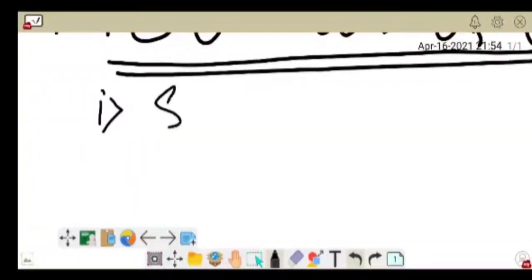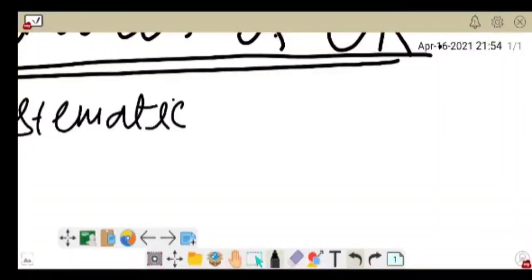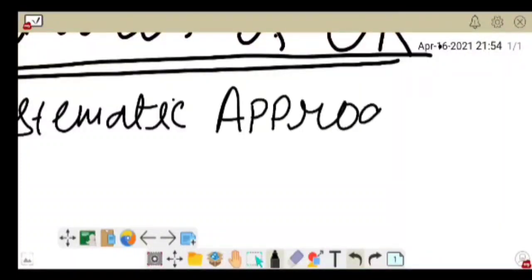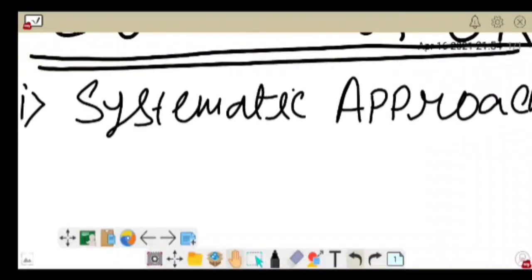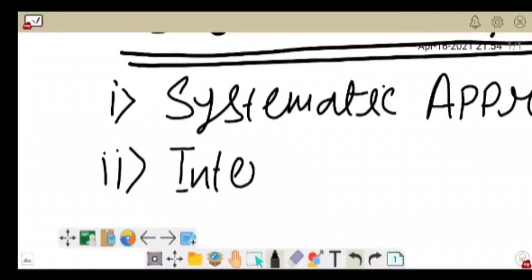Number one, systematic approach. At first I am writing all the features, then I will explain one by one.